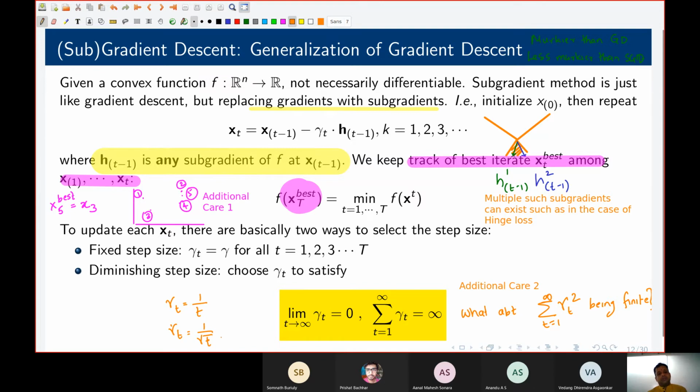What do you observe with each of these? Both the sums go to infinity? Is it a bad step size? It doesn't look like a bad step, right? It's diminishing.